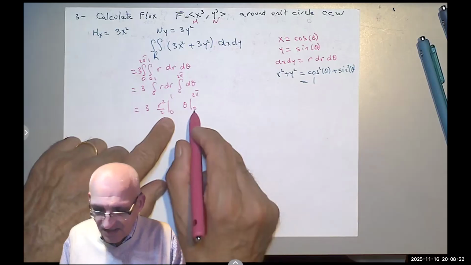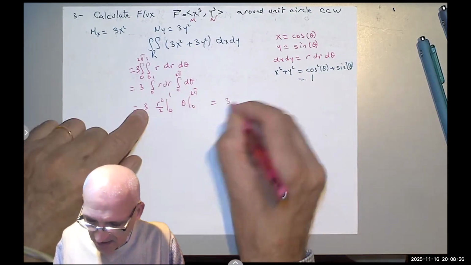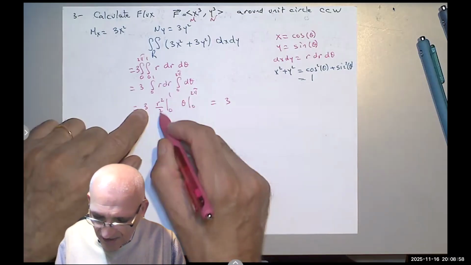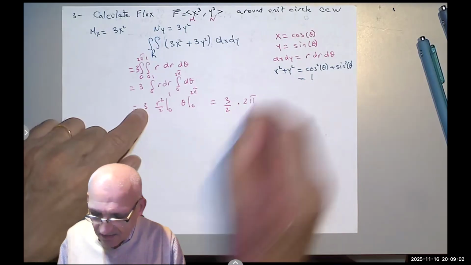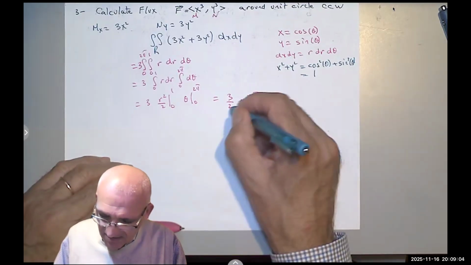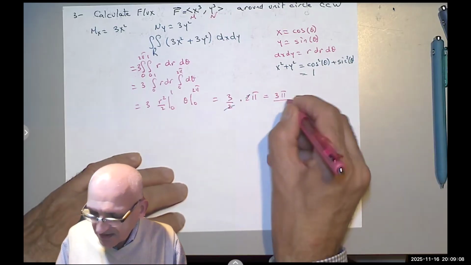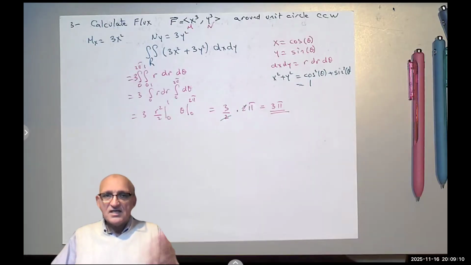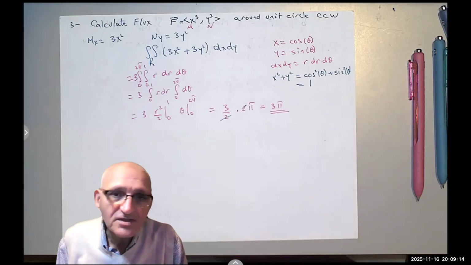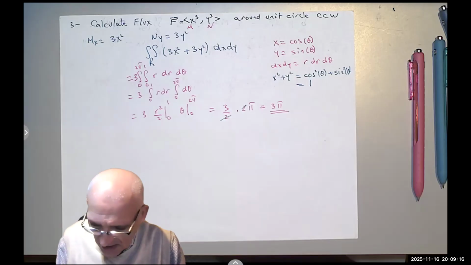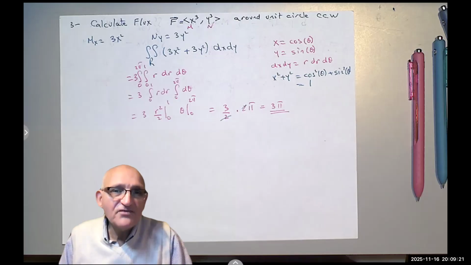Notice because these are zeros, I don't care about them. I say 3 times 1 squared over 2 times 2 pi. So the 2 and the 2 cancel, and you get 3 pi. Again, a very short and simple integral because we end up almost with a constant. It's just r. So when you integrate it, you get r squared over 2, and the rest is history. You just multiply them together and simplify.